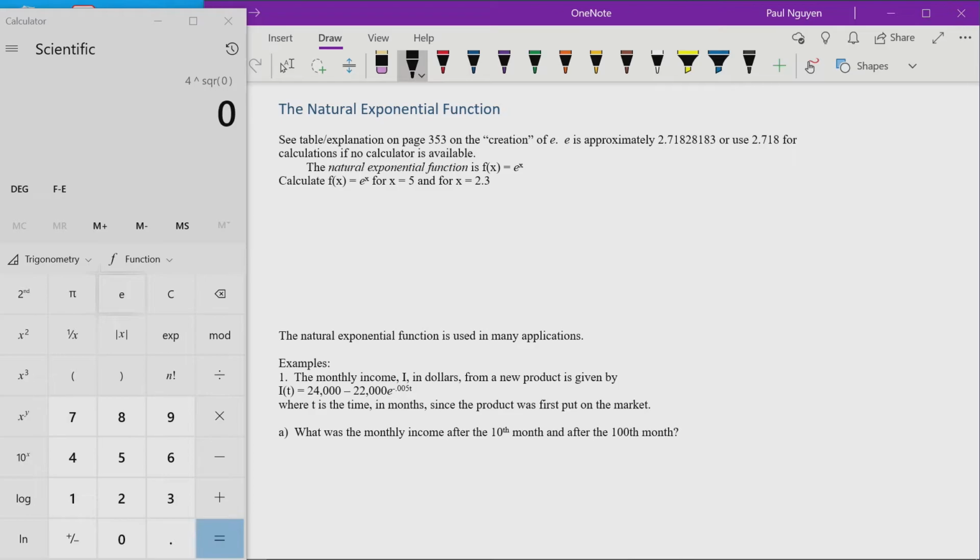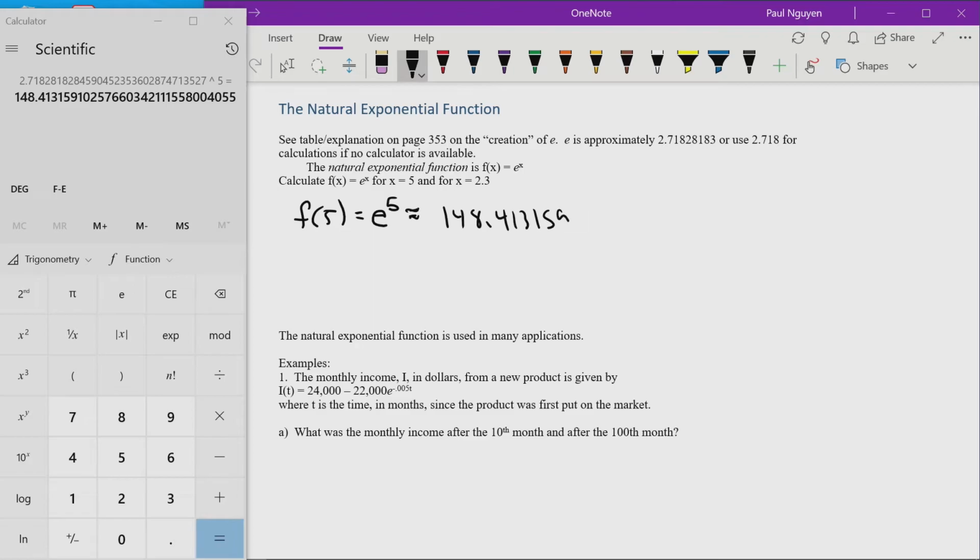Let's calculate e to the x for x equals 5 and x equals 2.3. So f of 5 is equal to e to the 5th power, which is approximately 148.41315910257. f of 2.3, that's e to the 2.3.